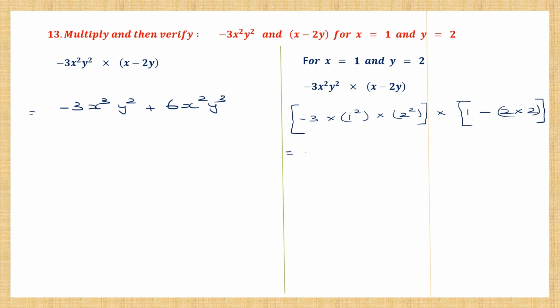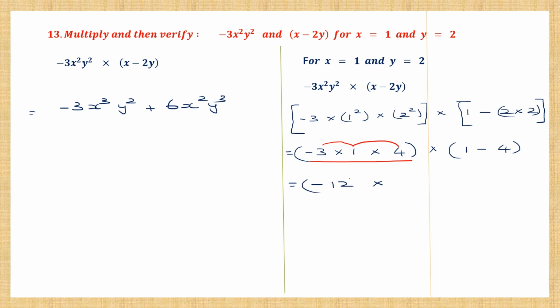Now let's simplify. Minus 3 into 1 into 2 2s are 4. This is what we've got here. Into, now on the other side we have 1 minus 2 2s are 4. So here let's work on these here. The sign is minus. Then we have 3 1s are 3, 3 4s are 12. So here we have minus 12 into.